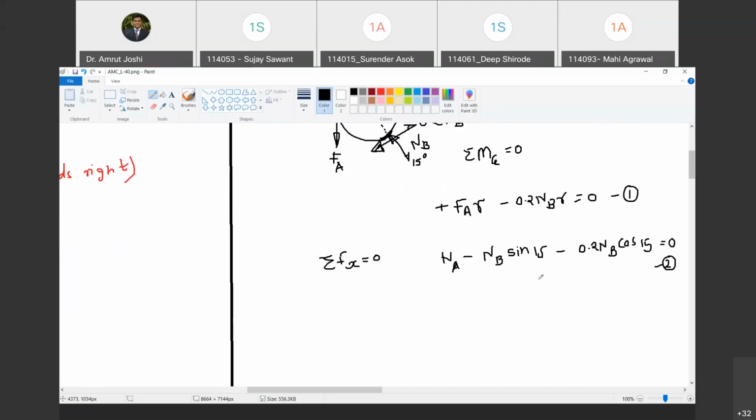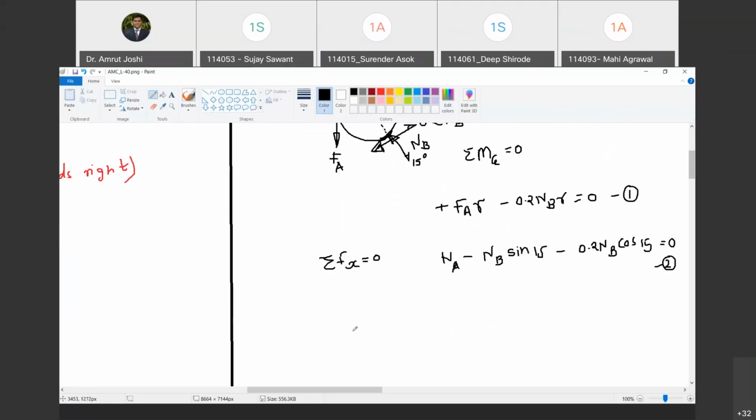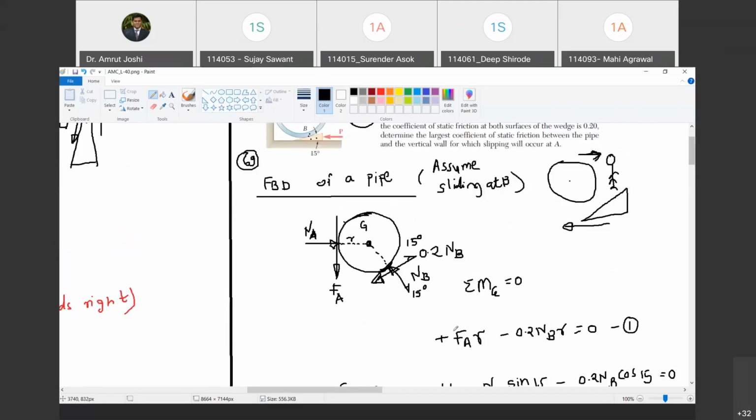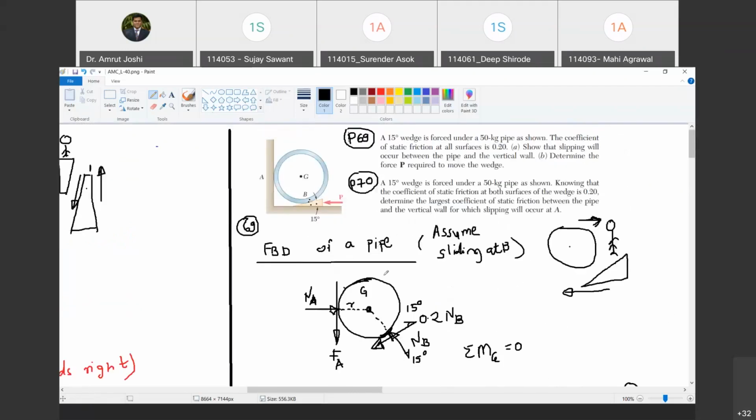Now, let me rearrange the second equation, and the first equation as well, or let us do it all together at the end. Let us write down summation Fy equal to 0. So what does summation Fy equal to 0 give me? Tell me. Minus FA. And this free body diagram is not complete because I have not shown the weight. Weight needs to be shown. That is 50 into 9.81.